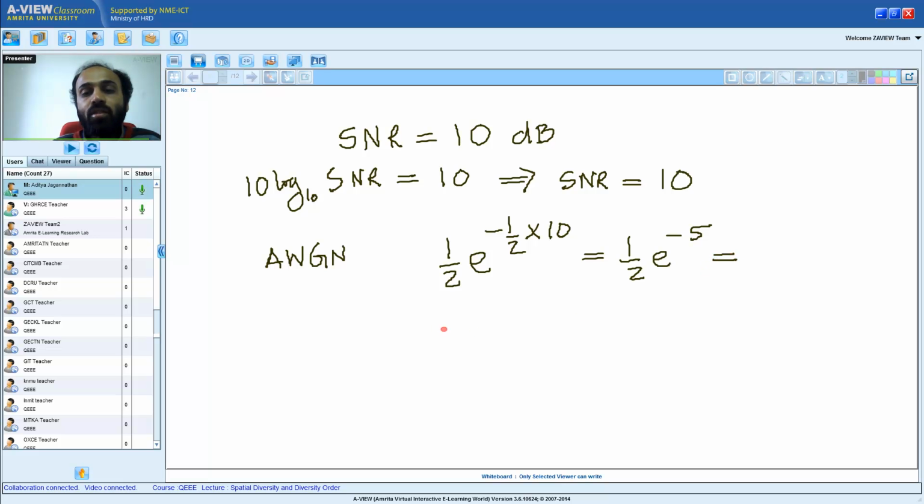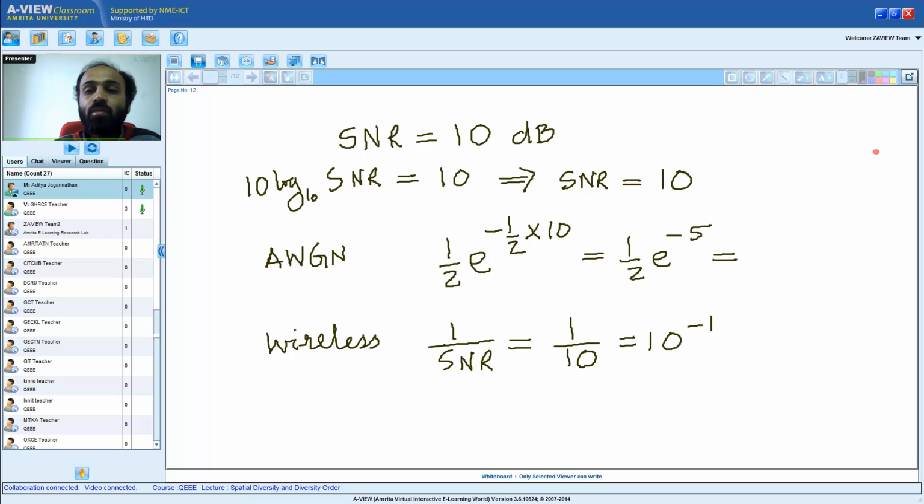Can someone compute this value? And also for wireless, for a Rayleigh fading channel, the bit error rate is 1 over SNR, that is equal to 1 over 10, that is equal to 10 to the power of minus 1. Can someone compute this value? What is this value, half e to the power of minus 5?